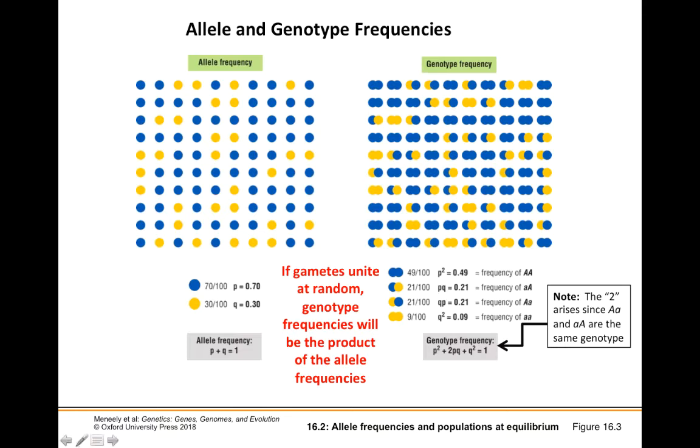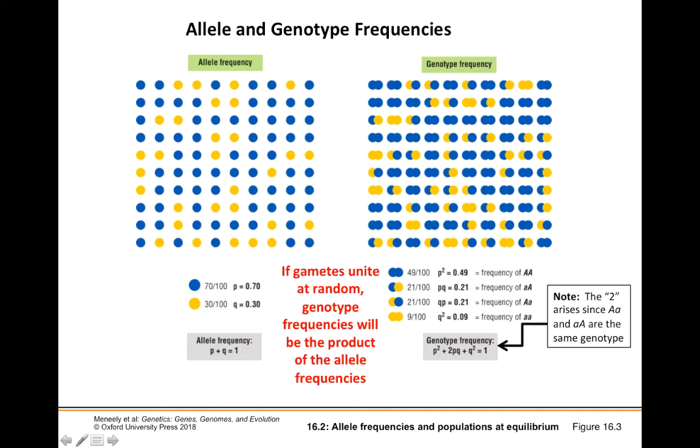And so on the left-hand side here, we have allele frequencies, and on the right-hand side, we have genotype frequencies. And if we have 70 out of 100 dominant alleles, p is 0.7, we can calculate using the Hardy-Weinberg equilibrium equation, which is down here in genotype frequency land.